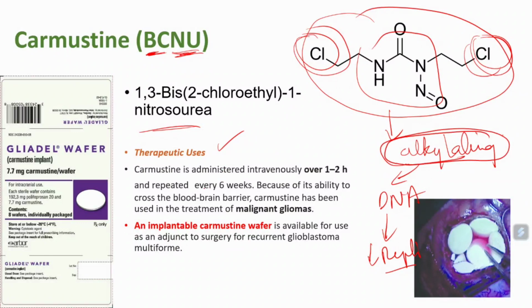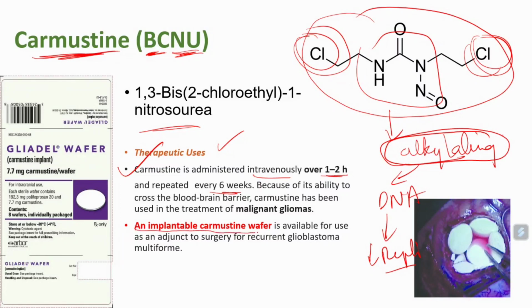In nitrosoureas, carmustine in particular is used intravenously over 1 to 2 hours, given every 6 weeks, and this is used particularly for brain tumors. Number two, carmustine is available as an implant.